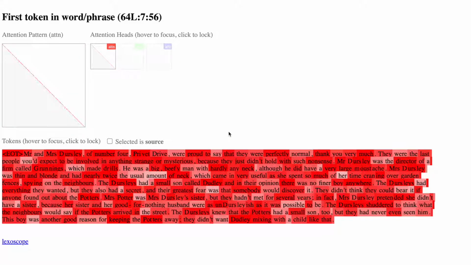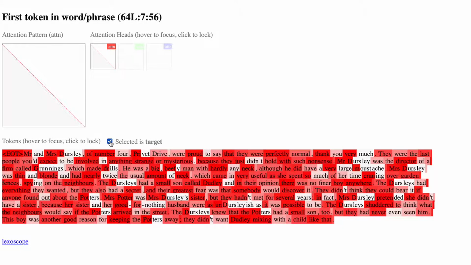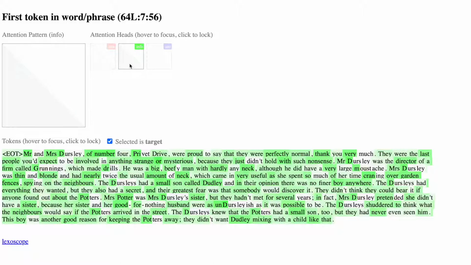Okay, but there is an exception, and the exception is what makes it so interesting. I think the easiest way to see this is to look at which tokens get attended to, and maybe especially if we look at the info-weighted ones. Okay, so for instance, let's look at Dursley here. We can see that all of the attention is focused on the D, and none of it's going to the later tokens within that word.